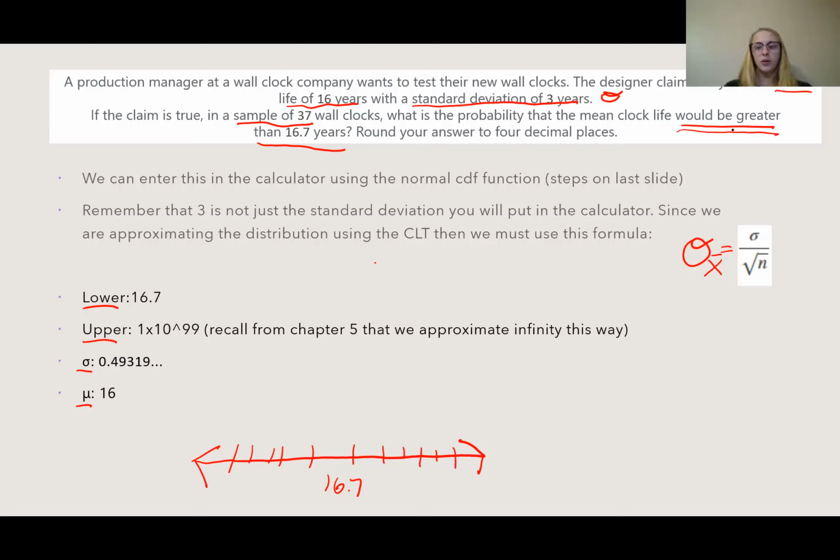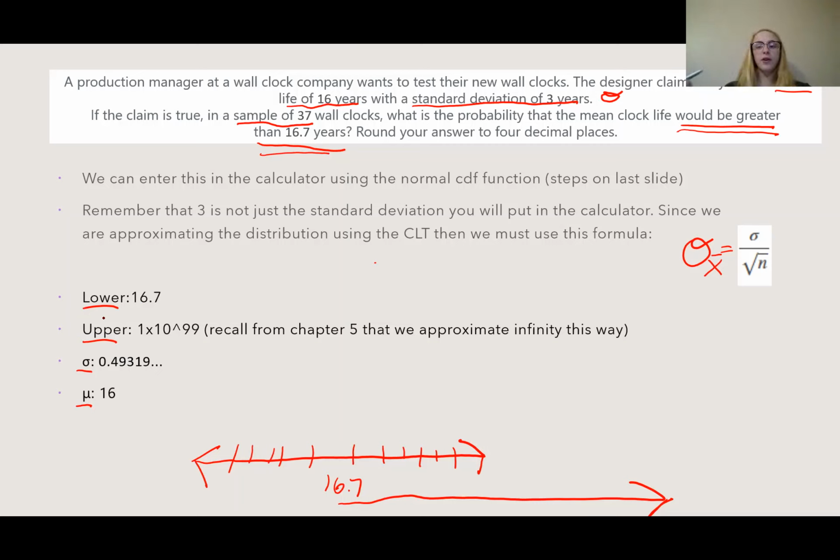Since we want everything above that as far as we can go, our lower bound is going to be 16.7, because that's the smallest value we can have. We want everything bigger than that.